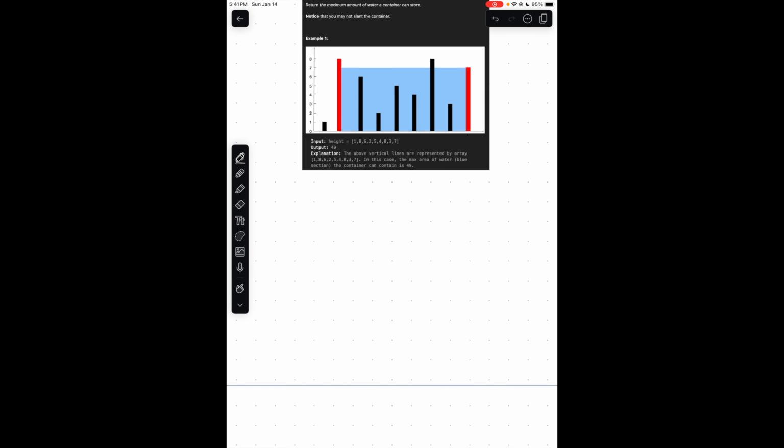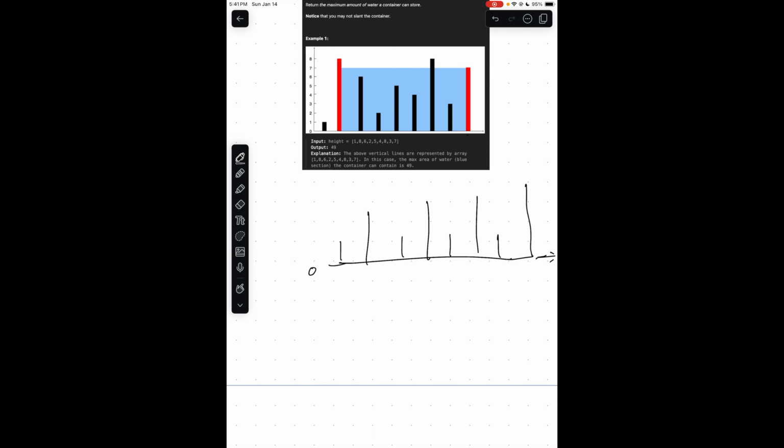So what we have to find is basically, we have these. Let's imagine this is a base. We have these imaginary lines of different heights. We have to find two heights such that the container can store more water.